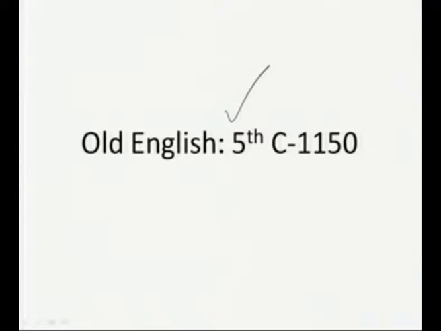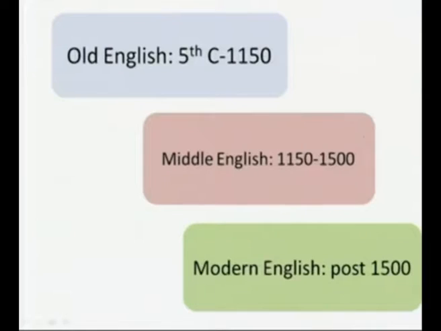So, it is from the 5th century to somewhere around 1150, the 12th century, that we call the period of Old English. This is what we had also seen earlier.